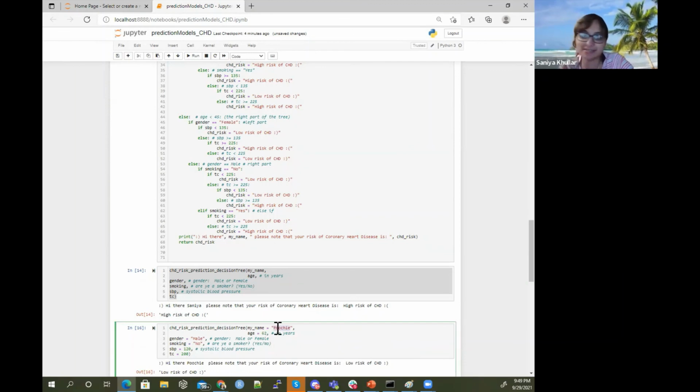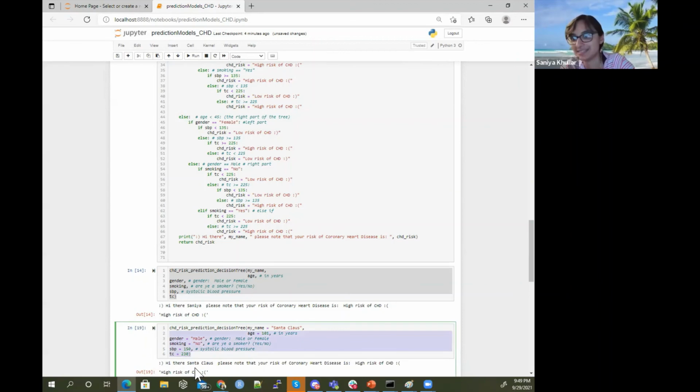So let's say that this is hypothetically Santa Claus, and Santa Claus is pretty old, let's say 101, for instance, smoking no, systolic blood pressure, total cholesterol might be pretty high. But, oh, okay, so systolic, let's maybe bump this up a bit and let's see when this would change. Smoking, no. Total cholesterol, maybe 230. And then it changes.